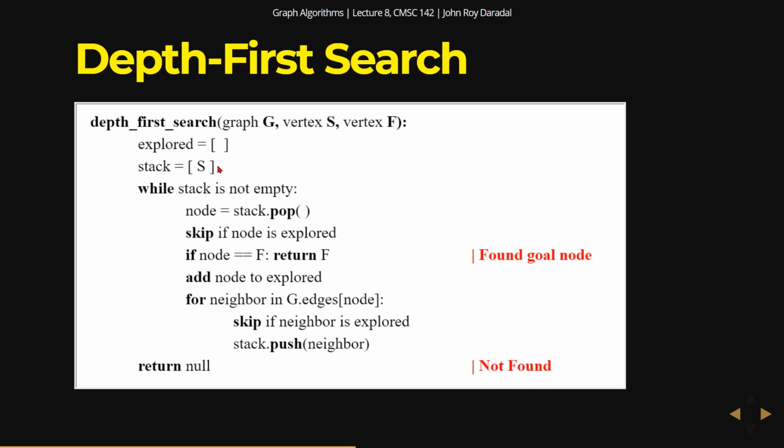The only thing that differs is that the fringe is specifically a stack this time, and when you remove items from the fringe, you use the pop method of the stack. So you remove the top item, and if you add items to the fringe, you use the push method of the stack, so you add items to the top. Everything else is the same.